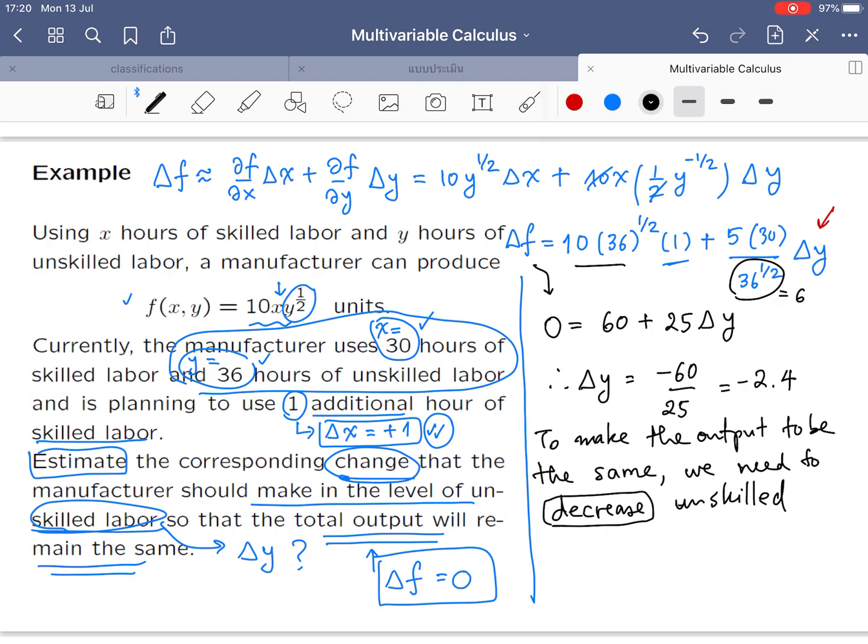The word decrease is because of the negative, by 2.4 hours. It's okay. I mean, it's sad, but this is what we need to do. Is that correct? So again, this is roughly speaking some information for you to decide whether you want to increase the skilled labor or not, and whether you want to kill some of the unskilled labor or not. That's your own choice.